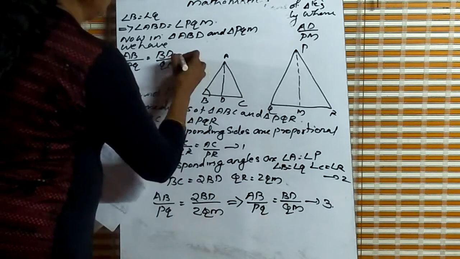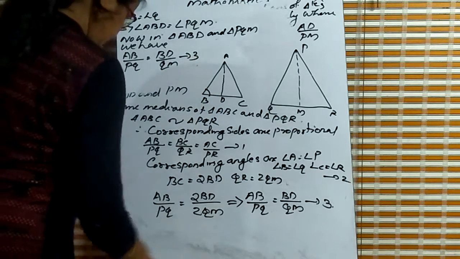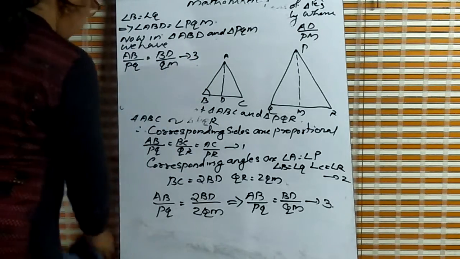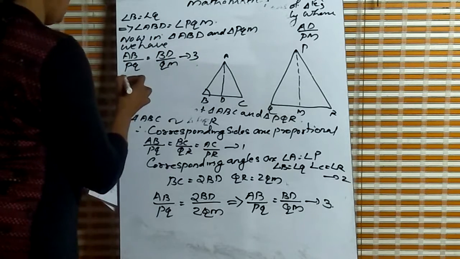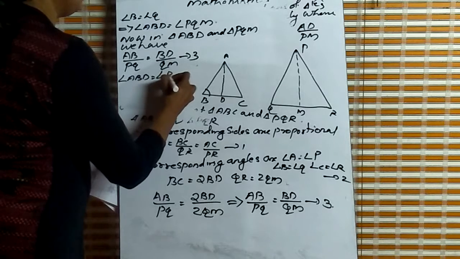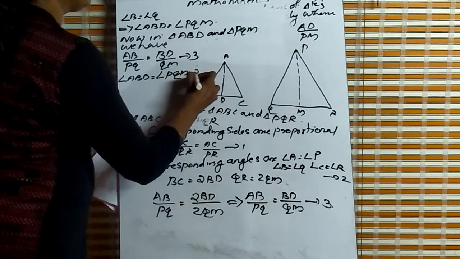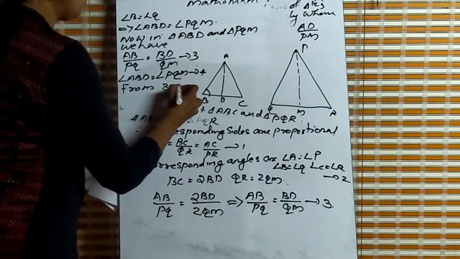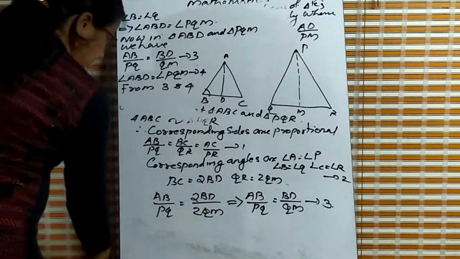This is equation 3. And next, what about the angle of this triangle ABD and PQM? Angle ABD is equal to angle PQM. This is equation 4. From 3 and 4, what is the conclusion?